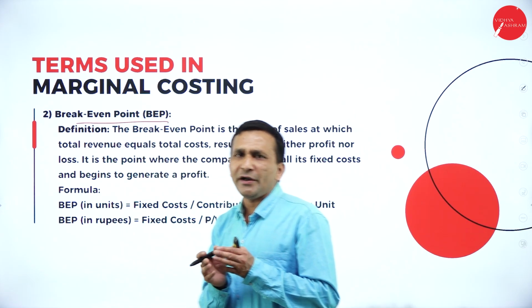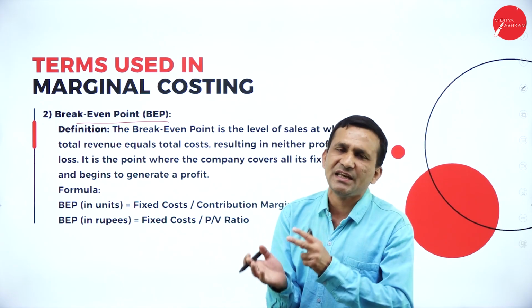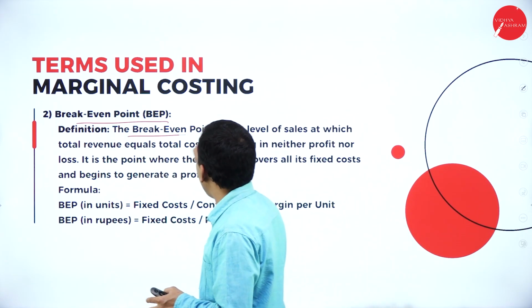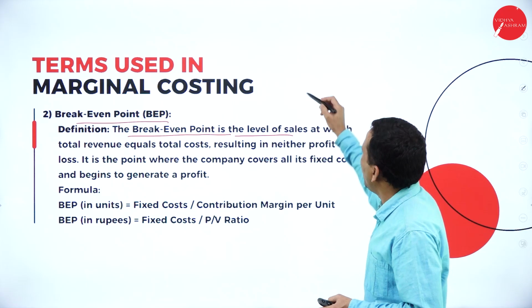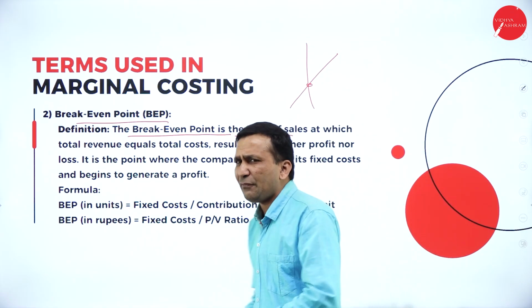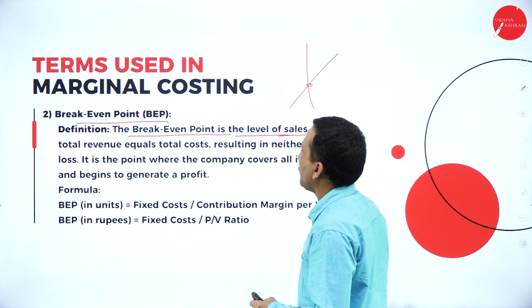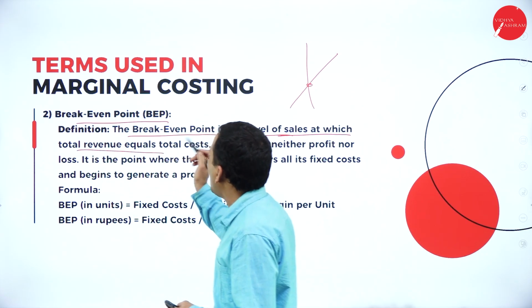For the break-even point, we can identify a unit base and a sales base. The break-even point is the level at which the lines intersect; if you look at the graph you will get more clarity. It is the level of sales at which total revenue equals total cost.